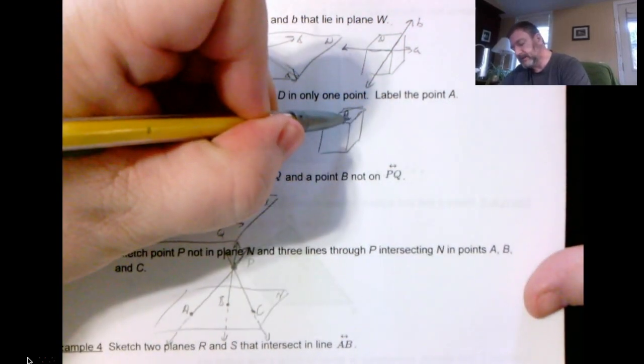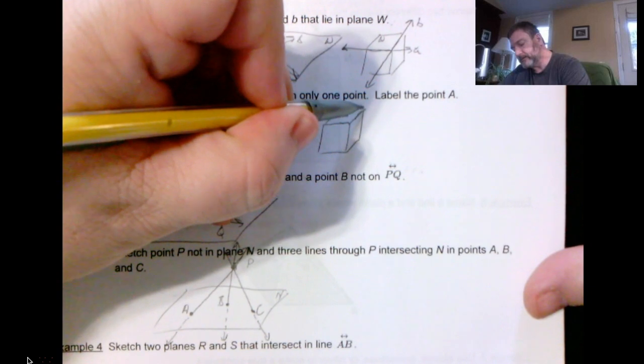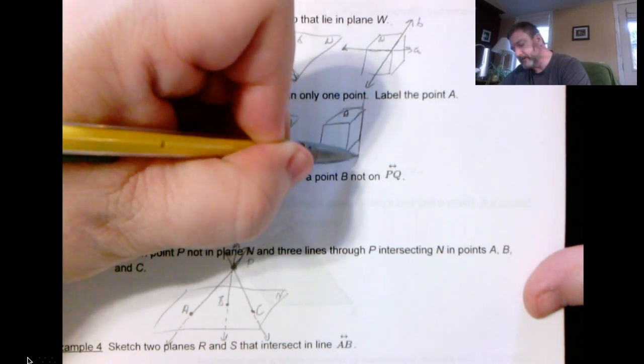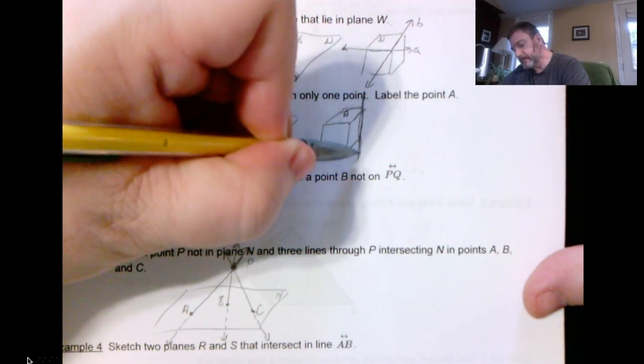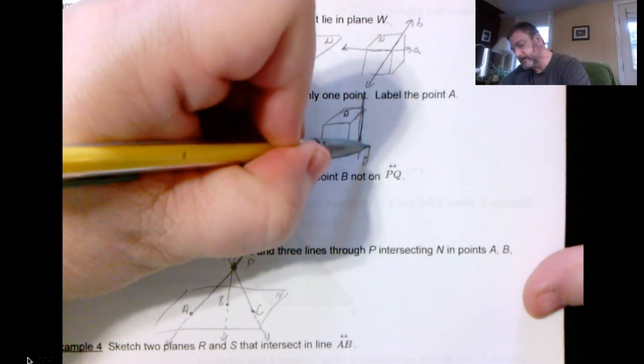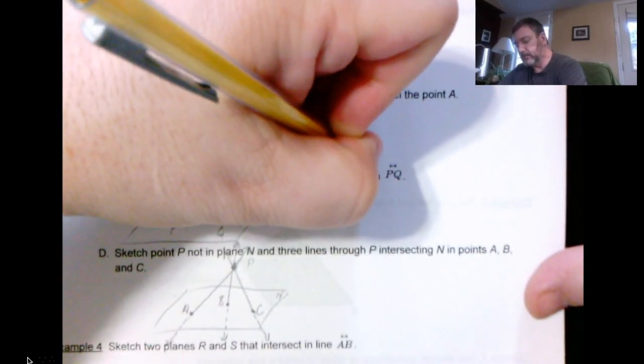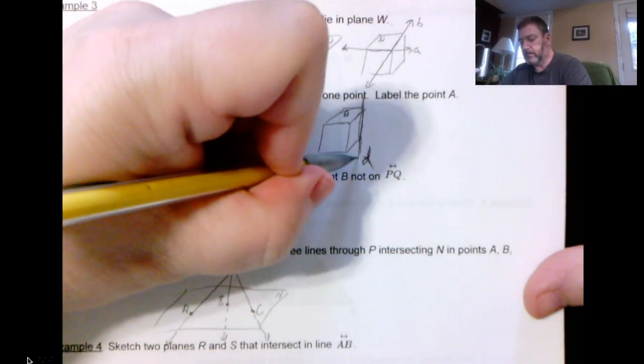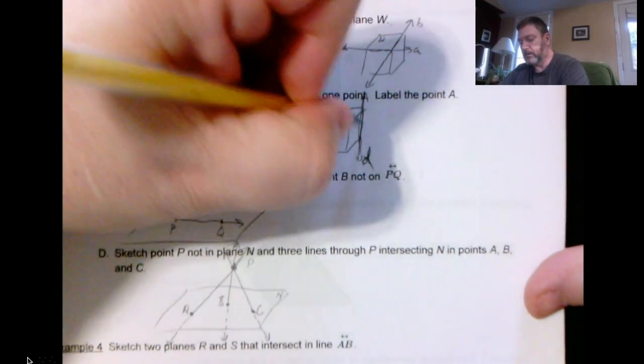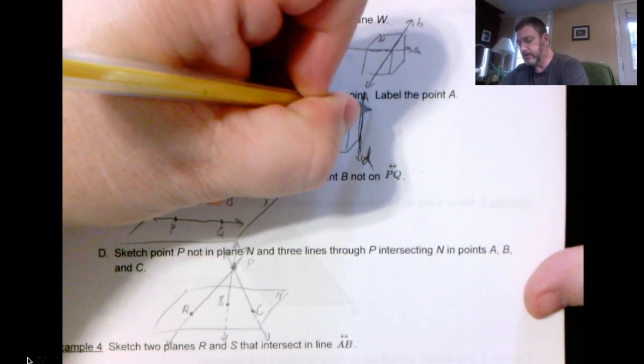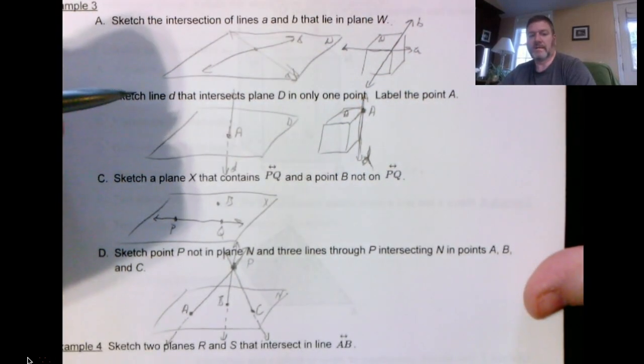But line D this time, let's do this one here. Is over here, little d. And it intersects the plane only at that one point right there.